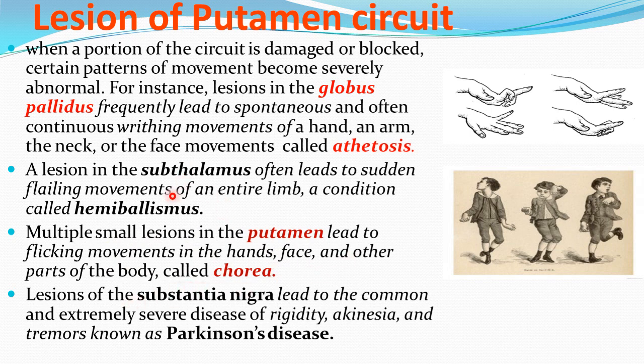If only the subthalamus is involved, then hemiballismus; if the globus pallidus is involved, then athetosis. If multiple parts are involved, then it is known as chorea. Chorea is a dancing pattern of the hand, arm, foot. Okay. A lesion of the substantia nigra leads to the common and extensively severe disease of rigidity, akinesia and tremor, known as Parkinson's disease.